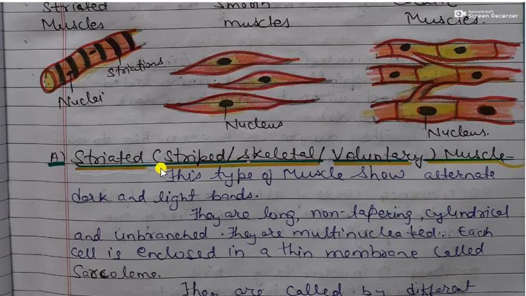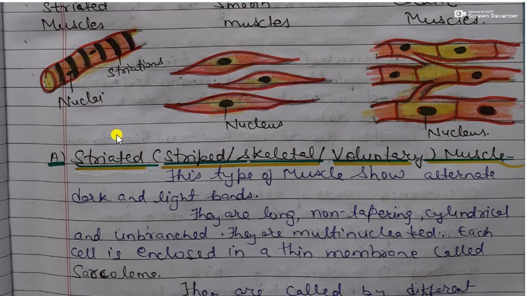Striated muscle is also known as striped muscle, skeletal muscle, or voluntary muscle. This type of muscle shows alternate dark and light bands. These bands which you can see here are the dark and light bands.